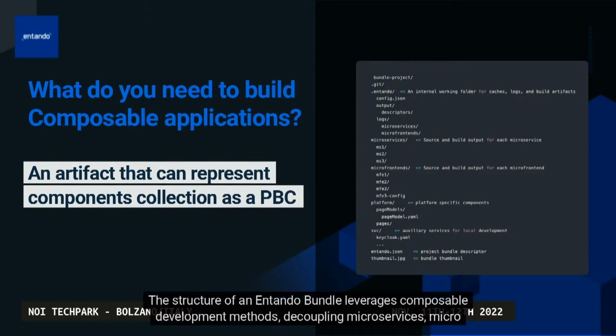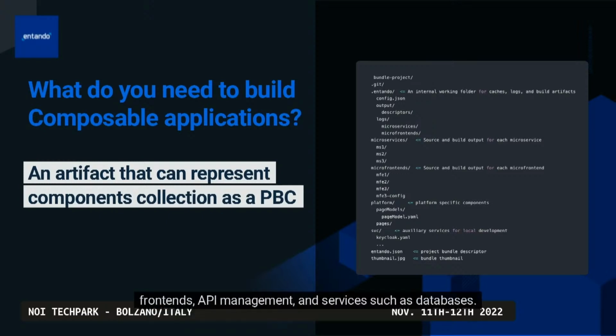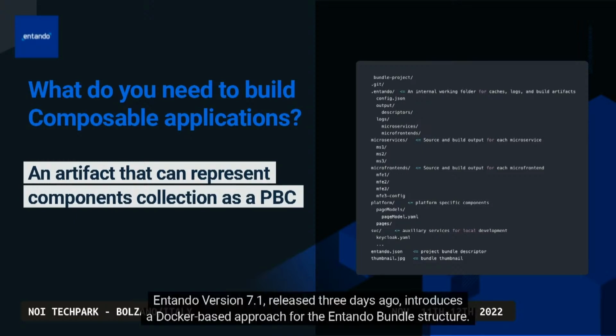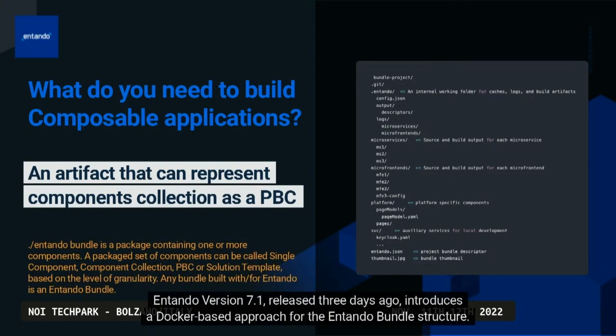The structure of an Intando bundle leverages composable development methods, decoupling microservices, micro frontends, API management, and services such as databases. Intando version 7.1, released 3 days ago, introduces a Docker-based approach for the Intando bundle structure.